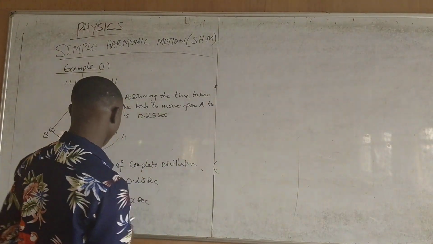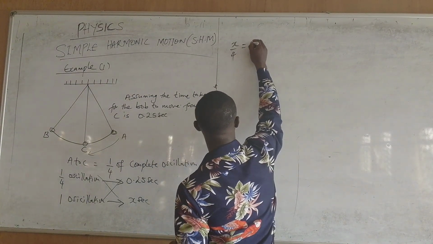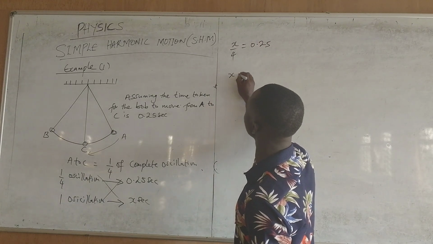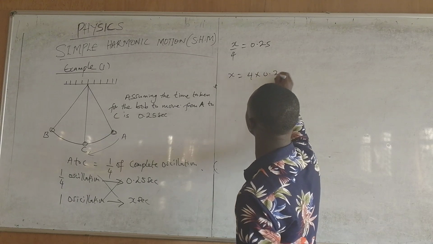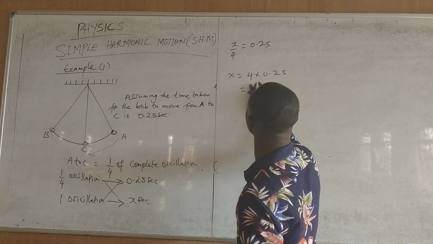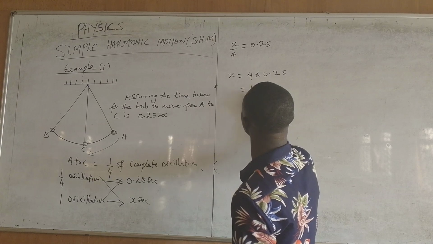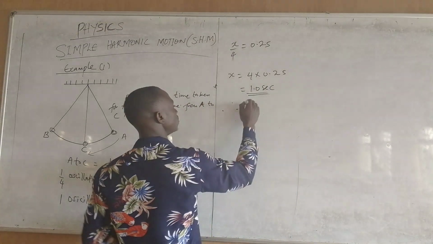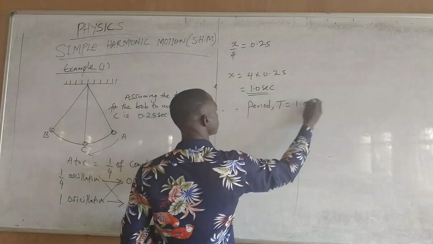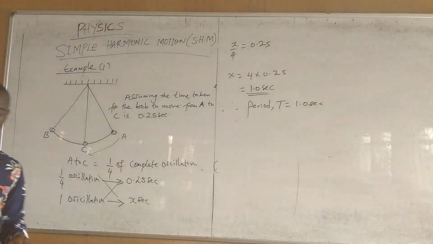So if you cross multiply, x times 1/4 will be equal to 0.25. Then find x. x is going to be equal to 4 times 0.25. That's 1.0 seconds. So the answer is 1.0 seconds. Therefore period T is 1.0 seconds.